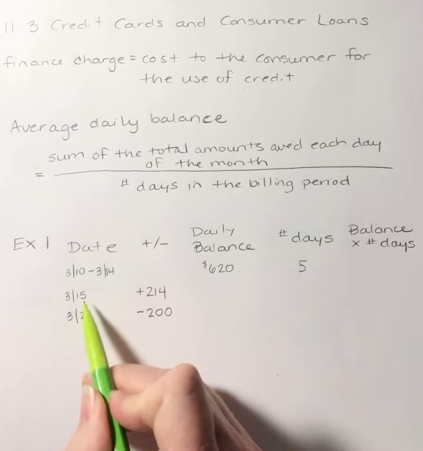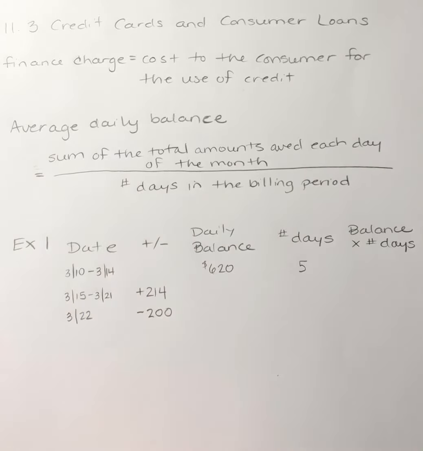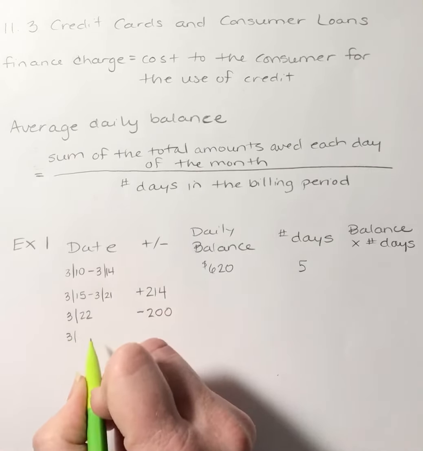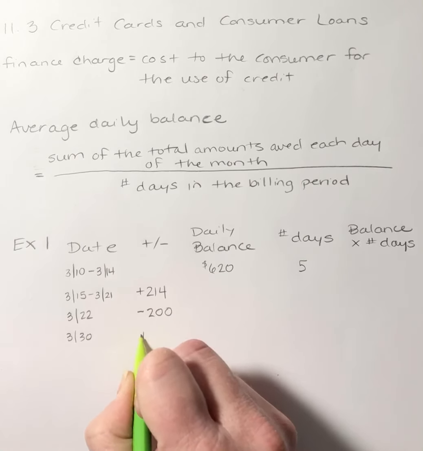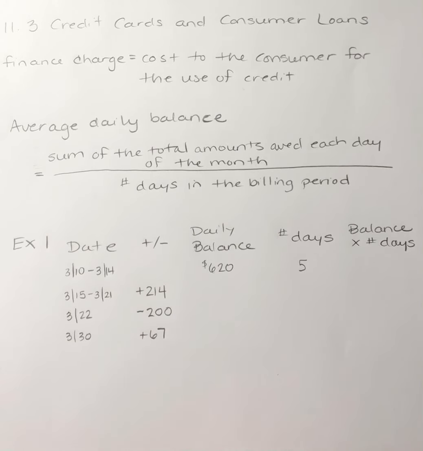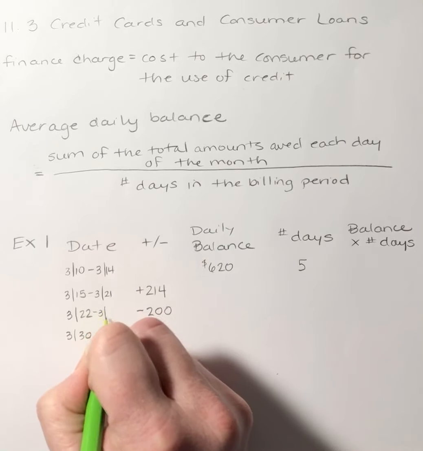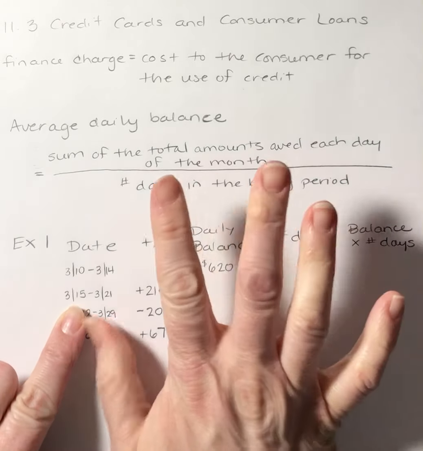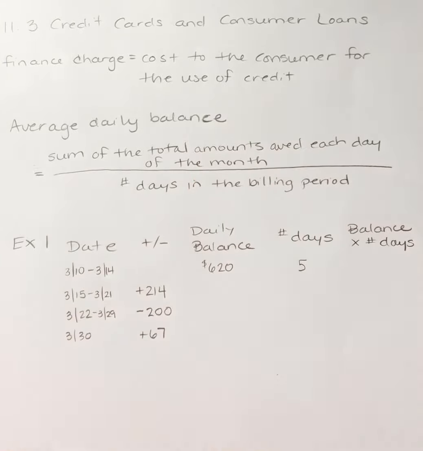So that means that this is going to be through the 21st. And then I'm going to go back, and on the 30th, there was another charge of $67. And so this one is going to go through the 29th. So this is the 15, 16, 17, 18, 19, 20, 21, 7 days.